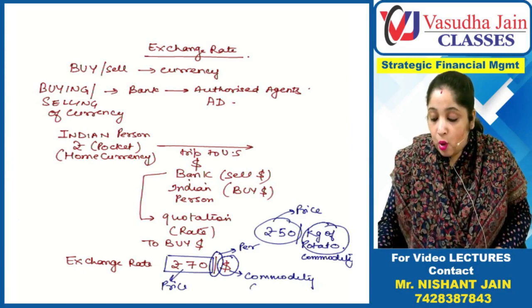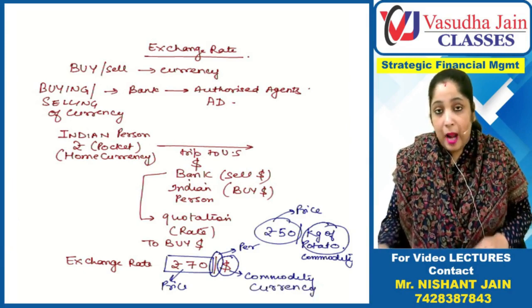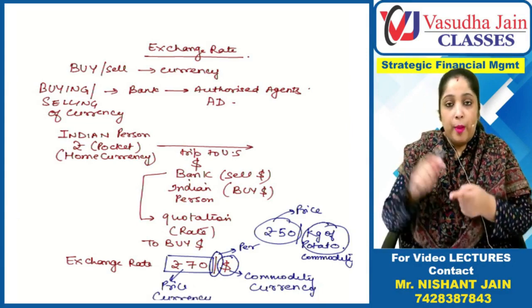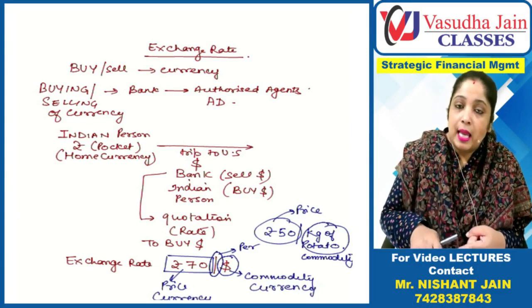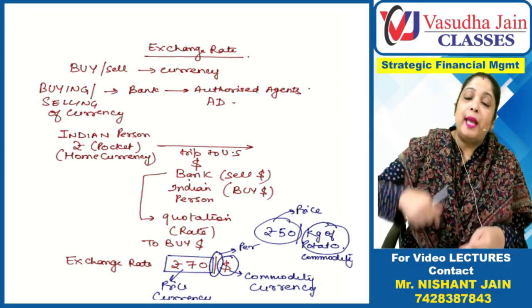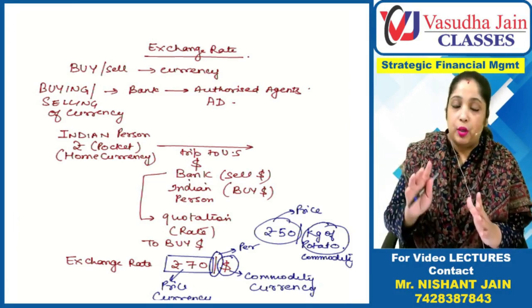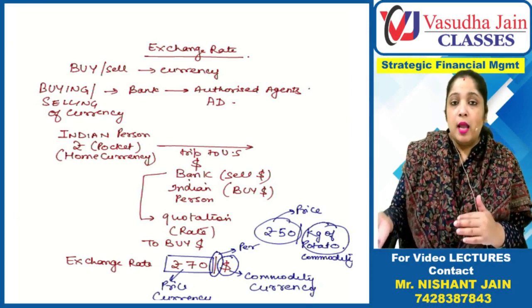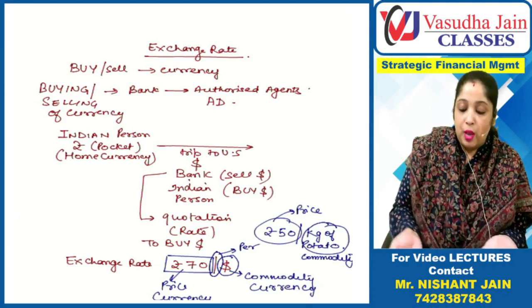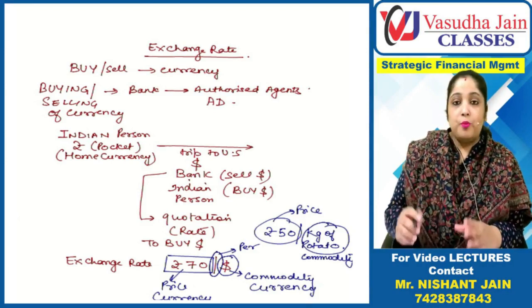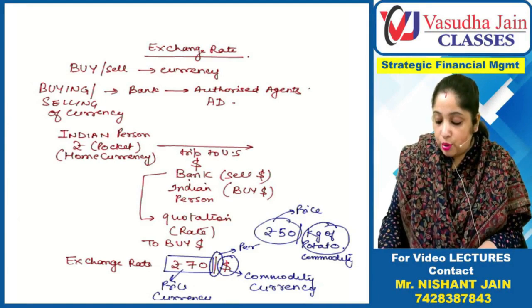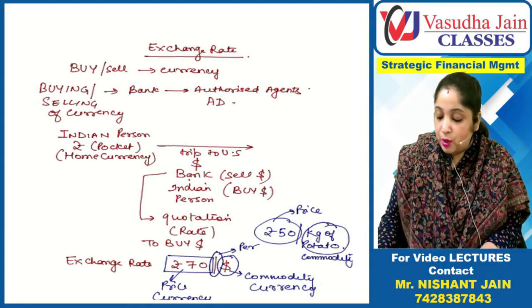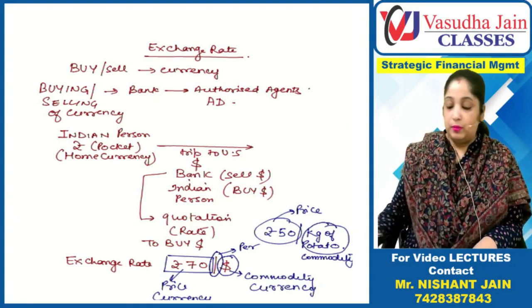The commodity is also a currency and the price paid for the commodity is also a currency. So what you are going to buy is a currency, and to buy a currency you are going to pay the price through a currency only. Both are different currencies. So you are buying dollars and paying the price in rupees because you have rupees in your pocket. So the bank is saying $1 will cost you rupees 70. Through 70 rupees you can buy $1.